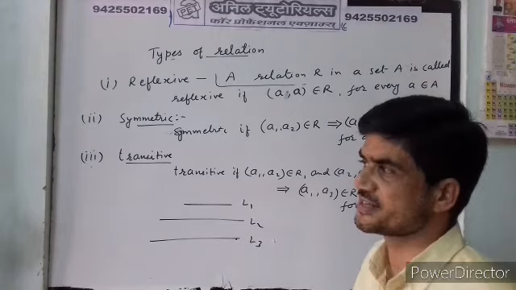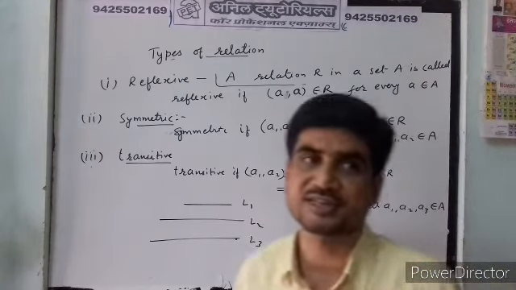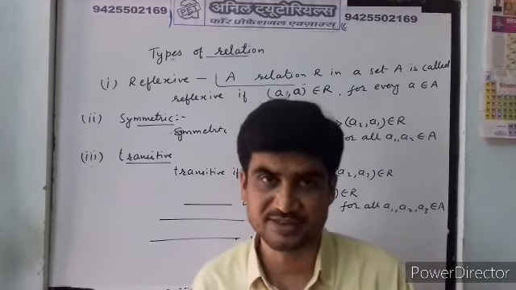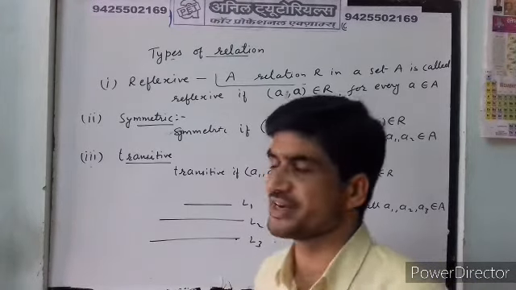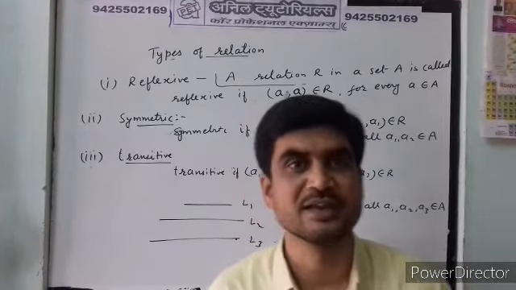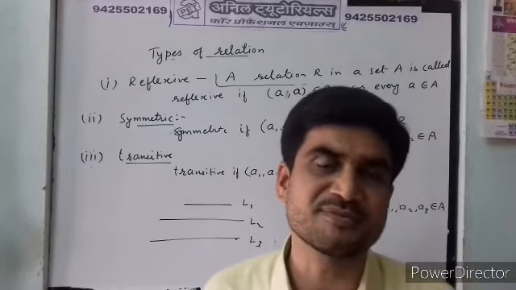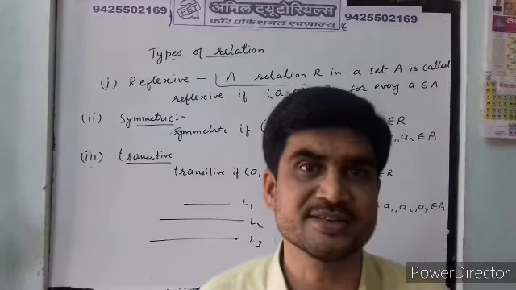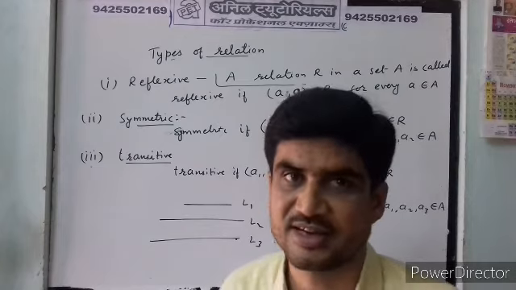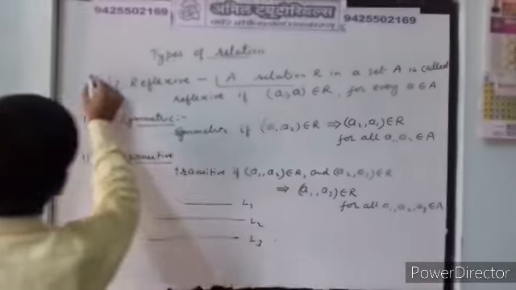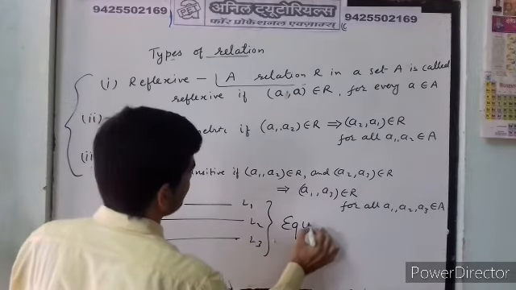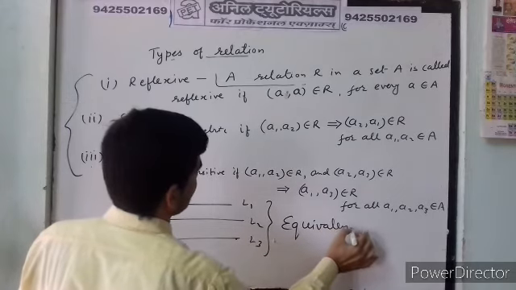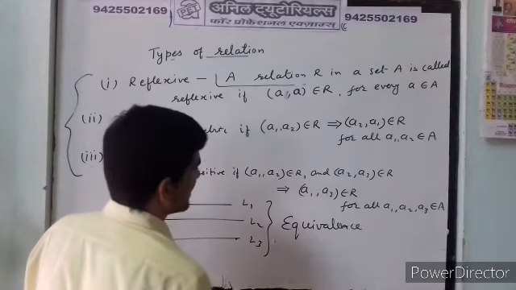So this is called a transitive relation. So in this example all types of relations occur together, simultaneously. So this type of relation is called an equivalence relation. If all three combinedly occur, it is called an equivalence relation.